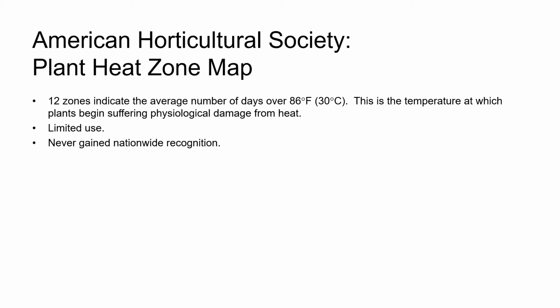This temperature was chosen because it's the temperature at which many plants begin suffering physiological damage from heat. This system, like the USDA system, was of limited use, but unlike the USDA system, has never really gained nationwide recognition or usage.